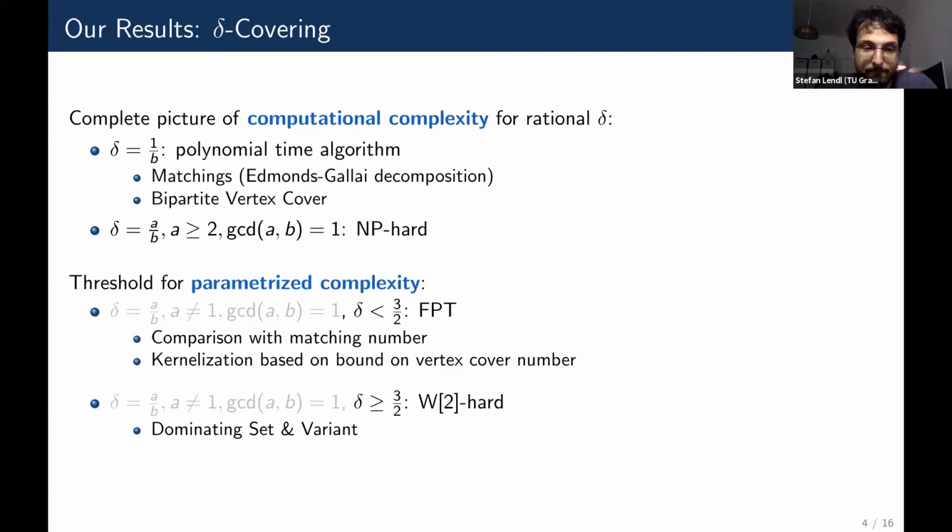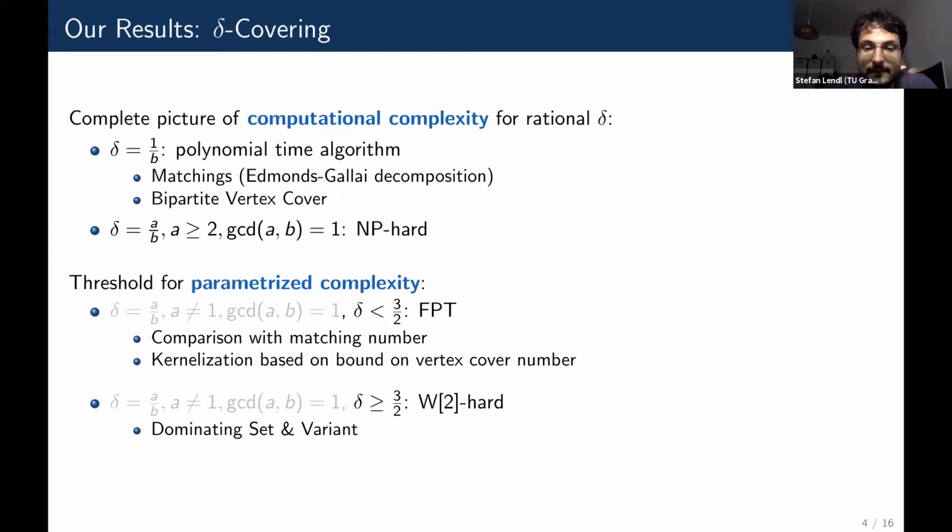We are able to show that there is a threshold behavior: for delta less than 3/2, we can prove that there is a fixed-parameter tractable algorithm for this problem. And as soon as delta is larger than or equal to 3/2, the problem becomes W[2]-hard.